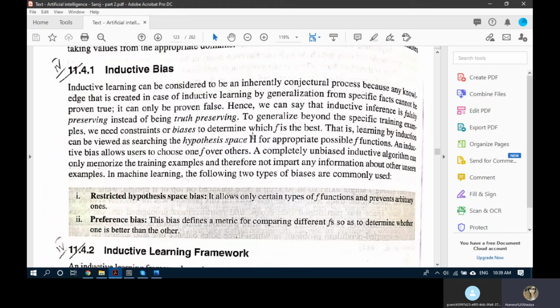For instance, you have to add a bias value. Otherwise, if you don't add a bias, it gives a similar result for all the data values.